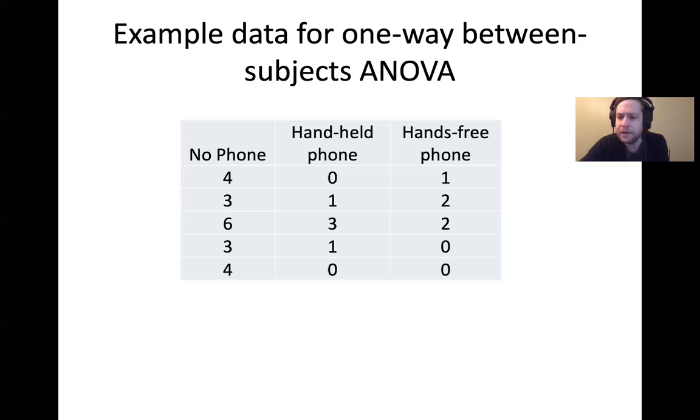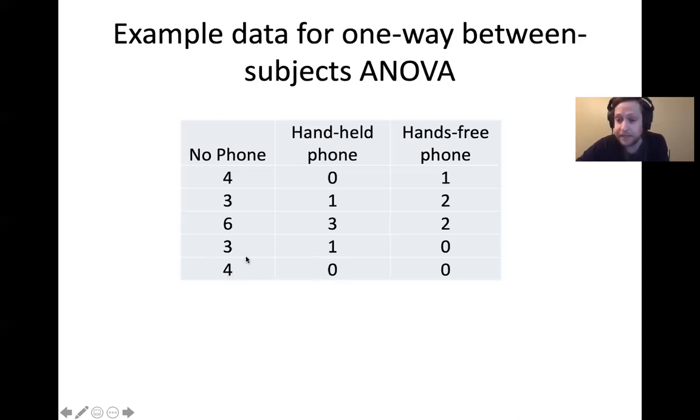And the reason why ANOVA is important, as I mentioned on the previous slide, is because, in theory, one approach you might think about is, well, t-tests can compare two means. An independent samples t-test can compare two means. So we might be tempted to do a t-test right here to compare these two conditions.